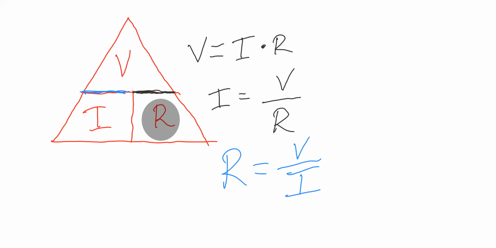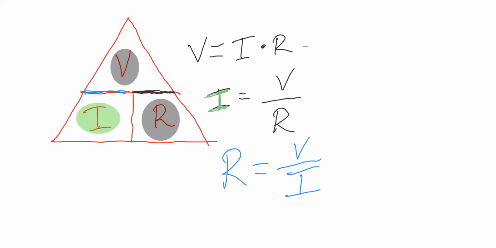So if we're looking for I, cover the I. If we're looking for V, we cover the V. But we can manipulate the formula in three different ways and use the triangle as an aid, depending what we're covering. And we're able to find each part of Ohm's law.